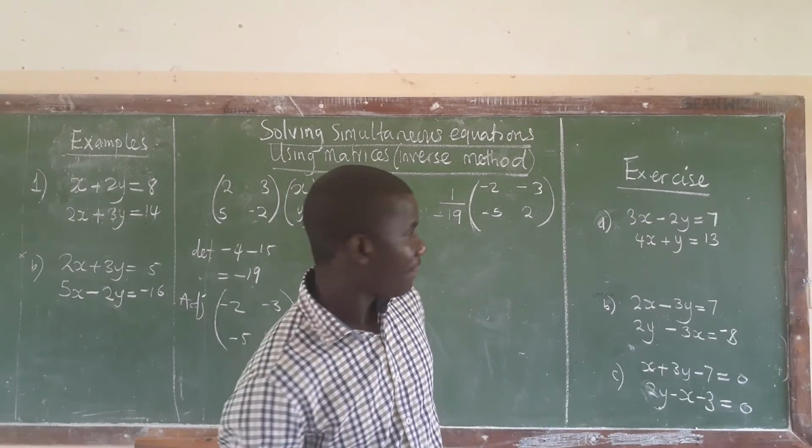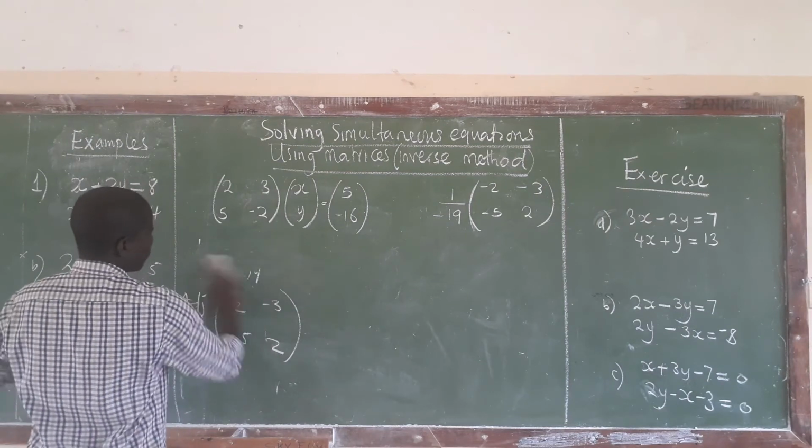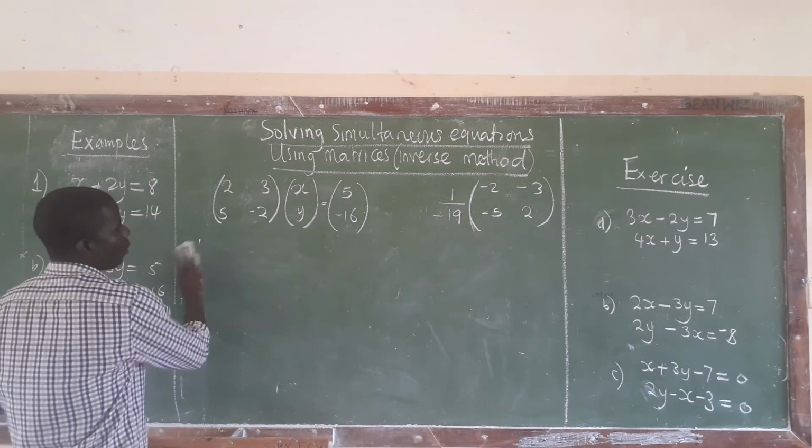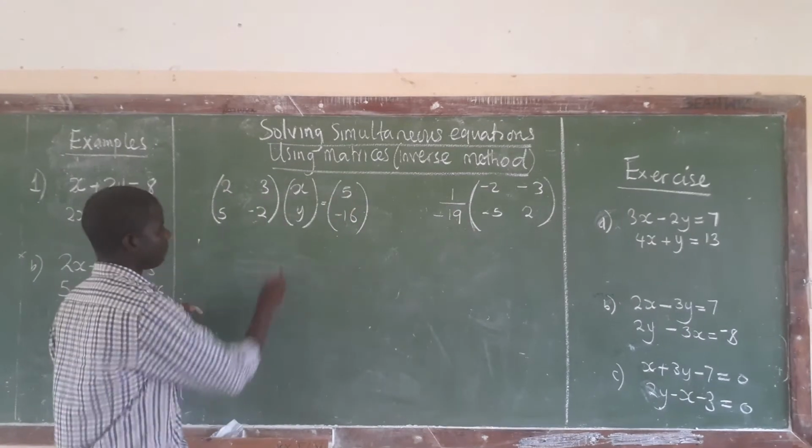So, having found our inverse, remember what I said. We need to multiply this inverse by this matrix to get the values of x and y.